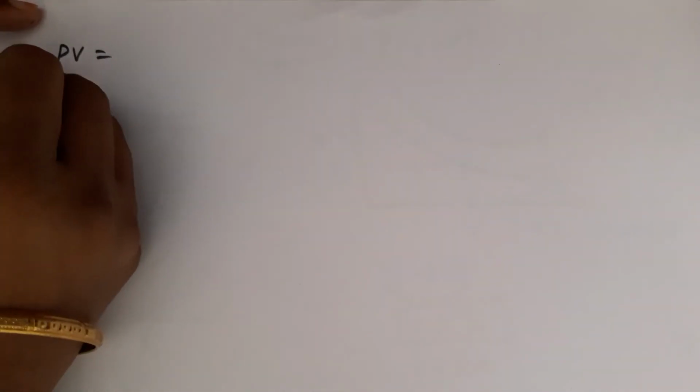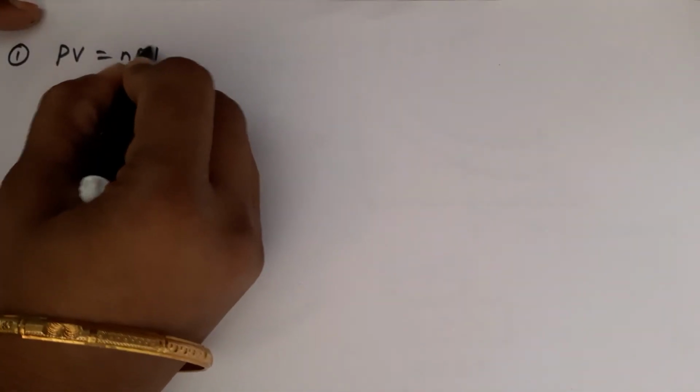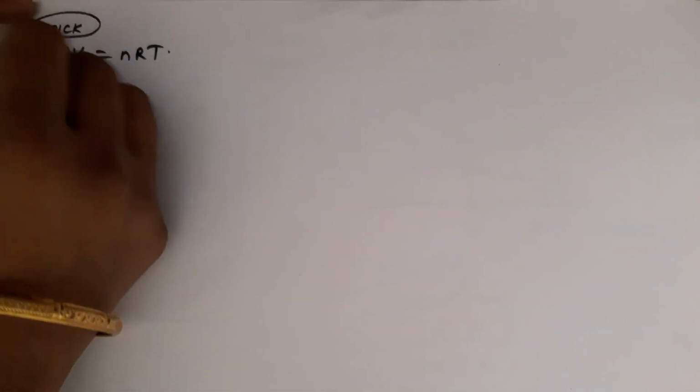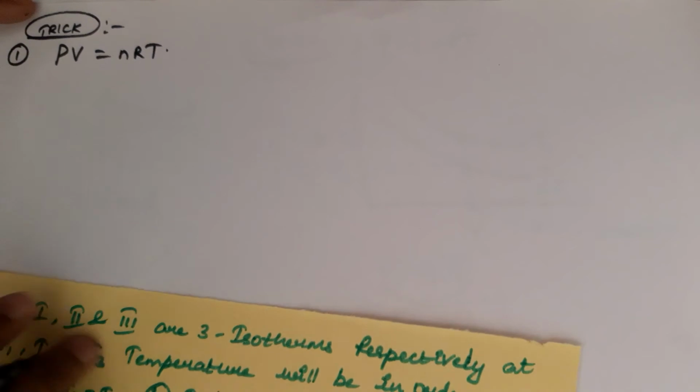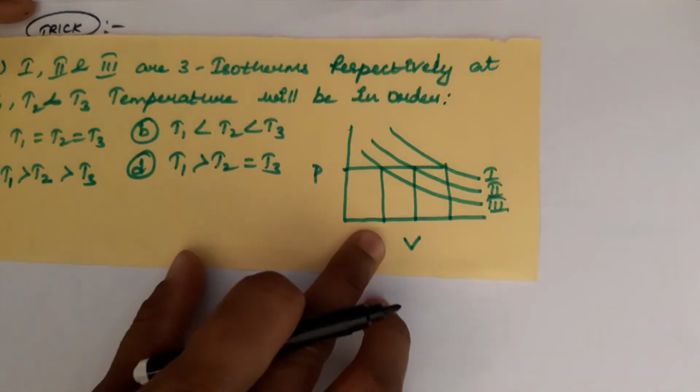PV is equal to nRT. What is the trick, students? Remember the ideal gas equation. Again, I am going to explain based on this question, students, how you can relate this. See, I will draw this graph here.